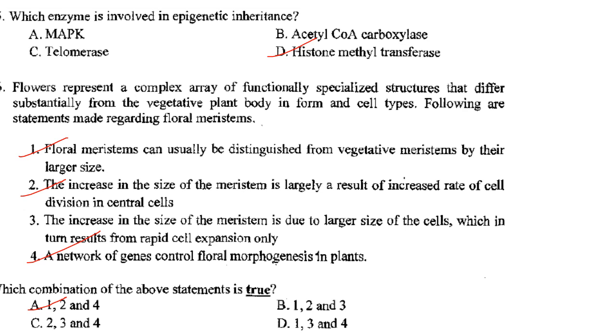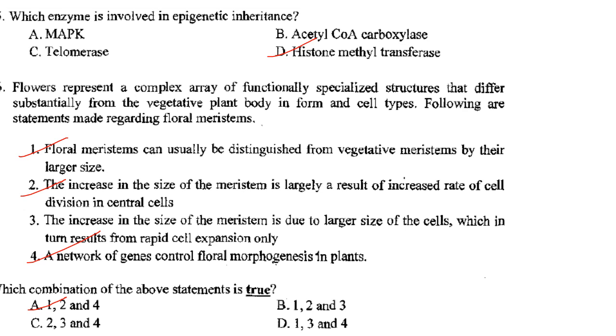Then flowers represent a complex array of functionally specialized structures that differ substantially from the vegetative plant body in form and cell types. Following are statements made regarding floral meristems. Which combination of the above statements is true? So floral meristems can be distinguished from vegetative meristems by their larger size. That is correct. The increase in size of the meristem is largely a result of increased rate of cell division in central cells. That is also correct.